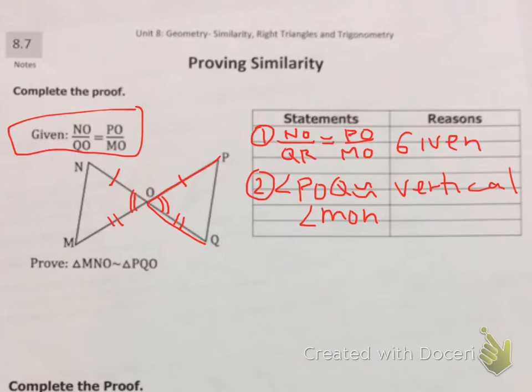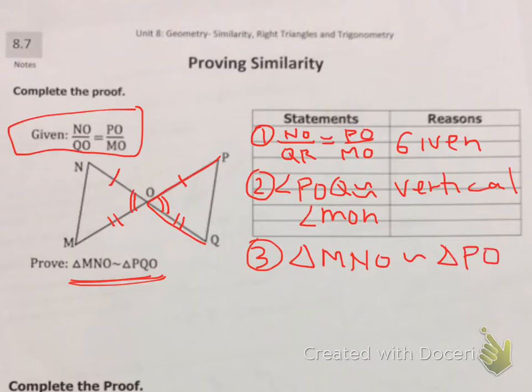And then the last thing that I need to do is tell that those two triangles are similar to each other, which is what I'm trying to prove. So I know that triangle MNO is similar to triangle PQO. The reason, I should not have written that clear across, but the reason that those are similar to each other is because we proved it by a side, an angle, and a side.